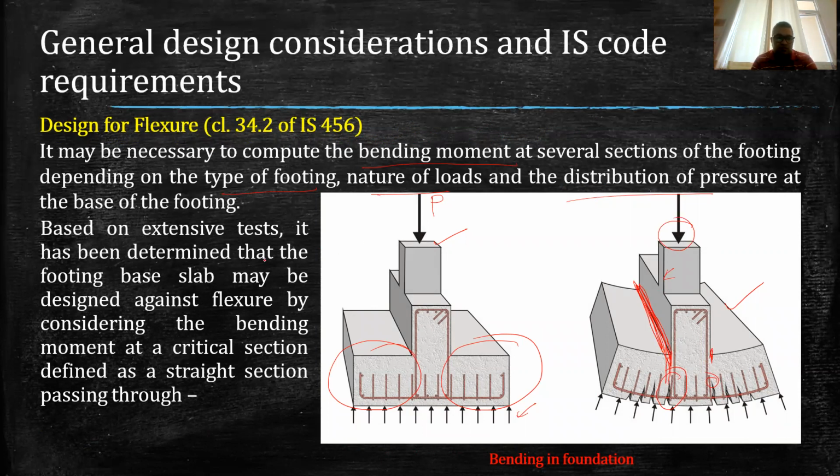Based on extensive tests, it has been determined that the footing base slab may be designed against flexure by considering the bending moment at the critical section. And that critical section is different for different types of foundation.